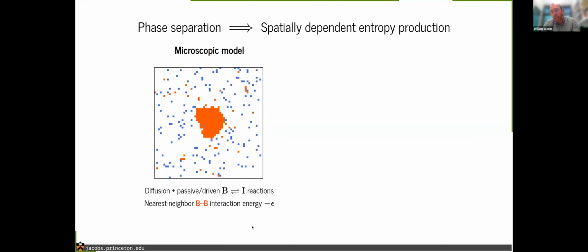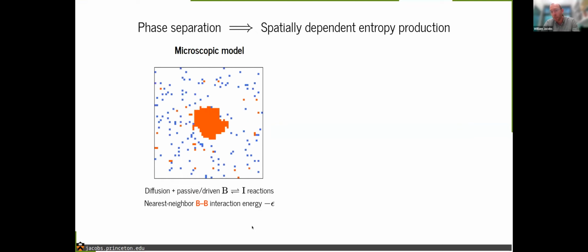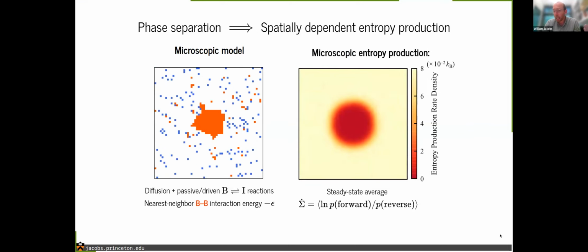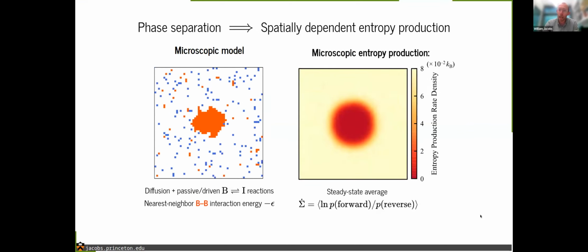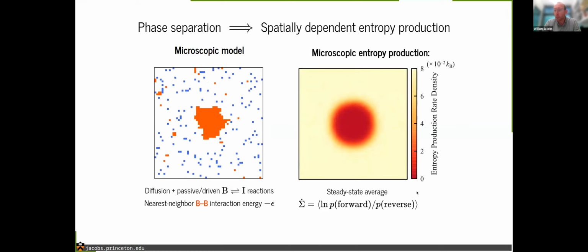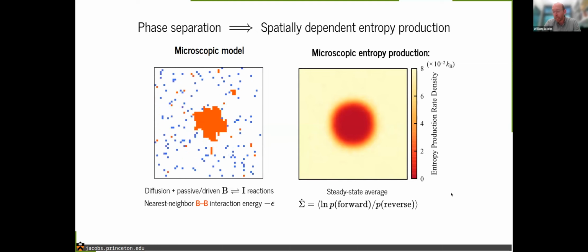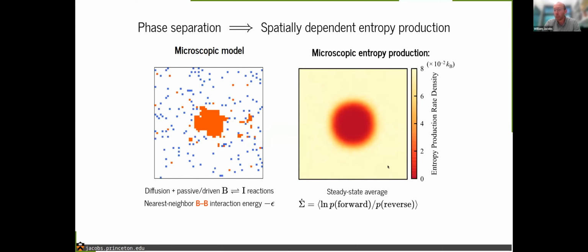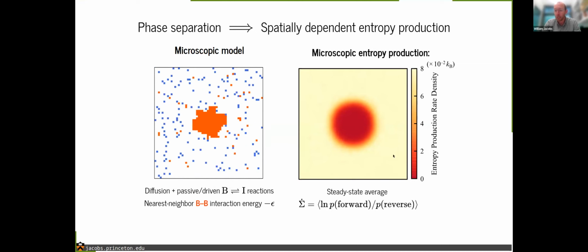So since we have access in a simulation of this form to all of the microscopic details, it's straightforward to compute the time-averaged steady state entropy production rate. And you immediately see that it's spatially dependent. So this should make sense because the local environments in the two different phases are quite different.